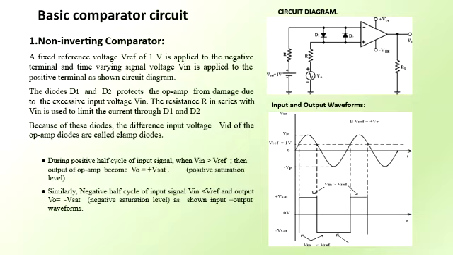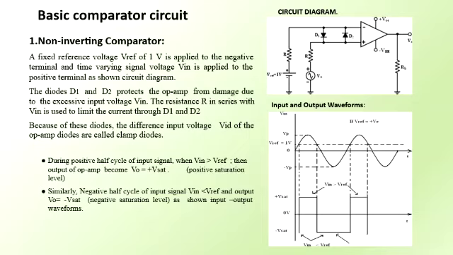The fixed reference voltage of 1 volt is applied to the inverting terminal, the negative terminal, and the time varying signal voltage Vin is applied to the positive terminal, or non-inverting terminal, as shown in the figure. The diodes D1 and D2 protect the op-amp from damage due to excessive input voltage Vin.